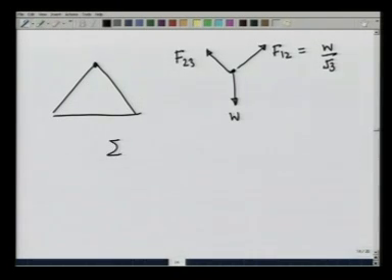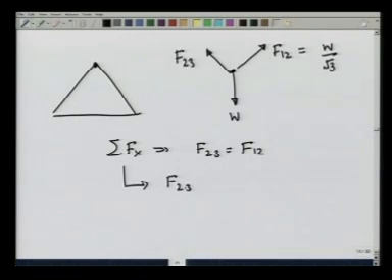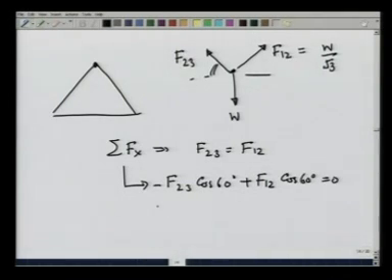Now, summation F_x gives you that F_23 should be equal to F_12. Of course, this comes with F_23, this angle is 60, cosine of 60 degrees with a minus sign, plus F_12 cosine of 60 degrees is equal to 0, and this gives you that F_23 equals F_12 equals W over root 3.